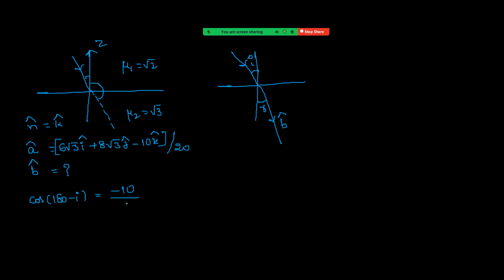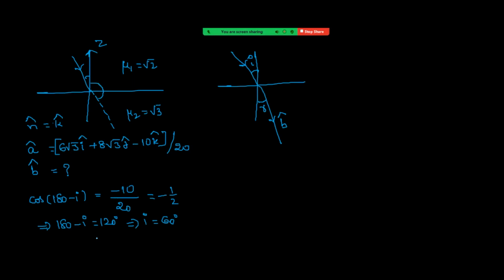It is 20. So this is now minus 10 by 20, meaning minus 1 by 2. So cos of 180 minus i is minus 1 by 2. That implies 180 minus i is equal to 120. That means the i value is now 60. So we got the angle of incidence, right?